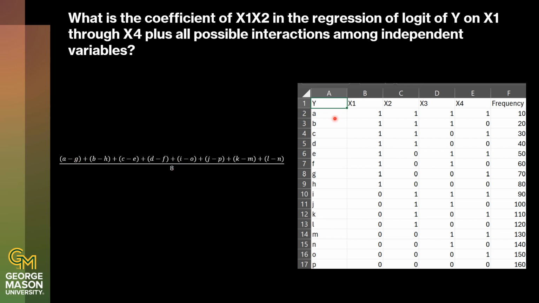So you have a minus g here, b minus h, we have c minus e, d minus f, and continuing here where x1 starts from 0, you have i minus o, j minus p, k minus m, and then l minus n. You sum all of these subtractions up, and then you find the mean by dividing by 8.